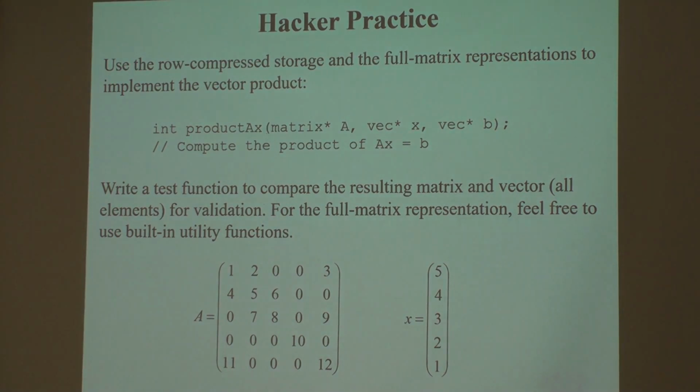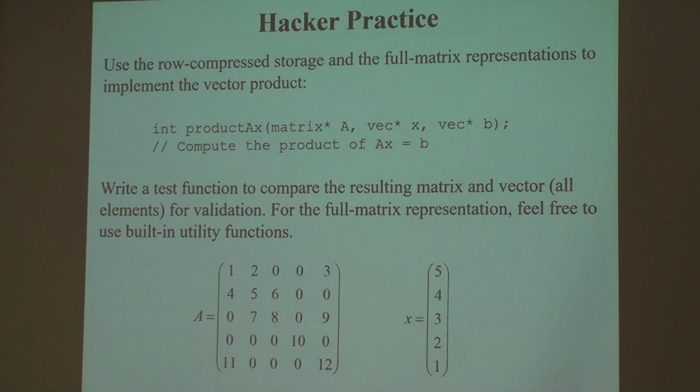Let's do A times x, and you have a generated b. Check element by element against the full matrix representation, which most of you probably have a built-in function for, or it's so easy to write. A times x. Compare your b, item by item.